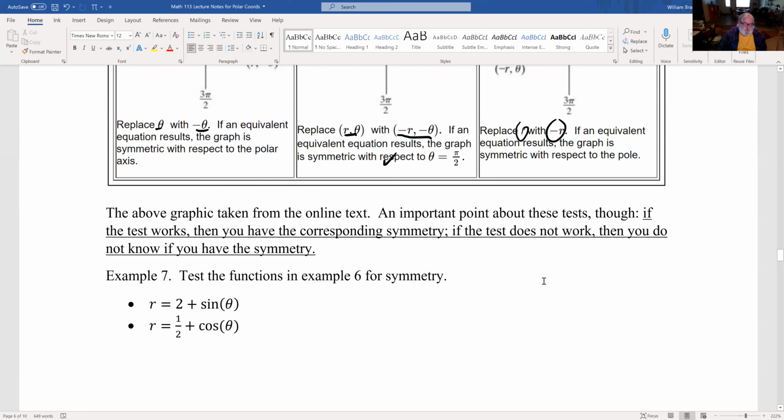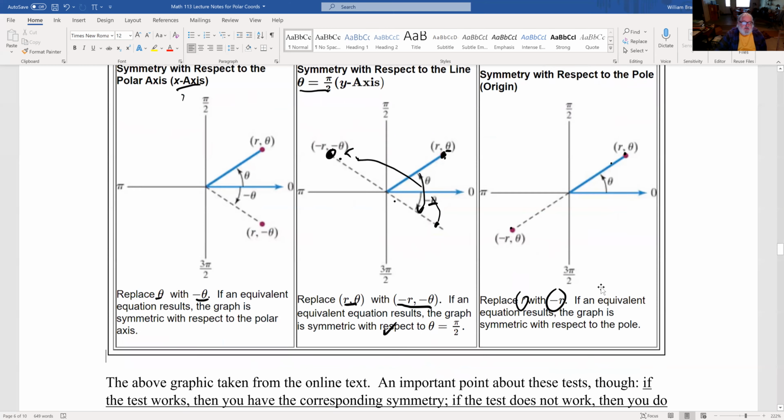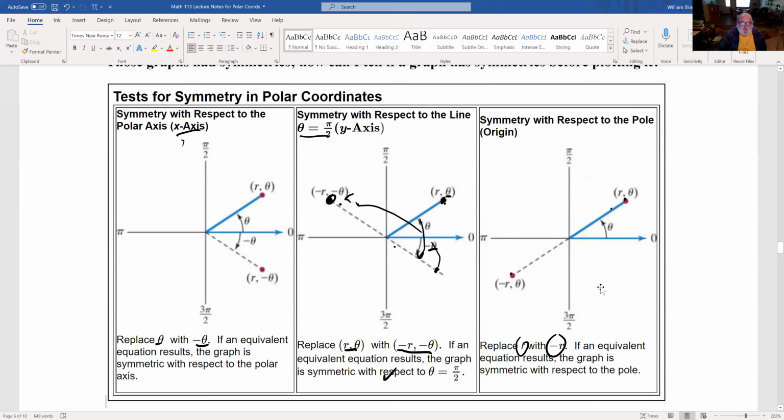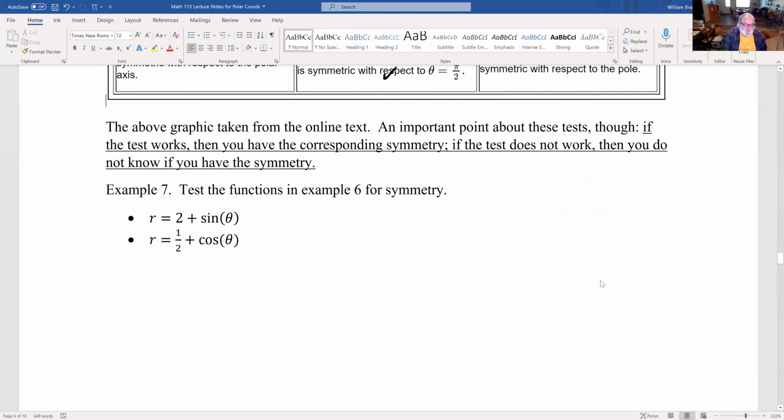It might not. So r equals 2 plus sine theta, test for symmetries. So we want to test for the x-axis, y-axis, and origin. We replace theta with minus theta. So r equals 2 plus sine theta. That's our original equation. We replace theta with minus theta.